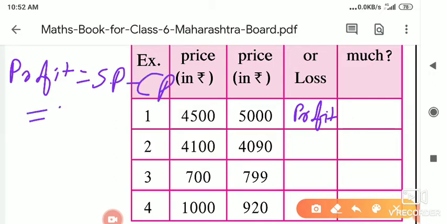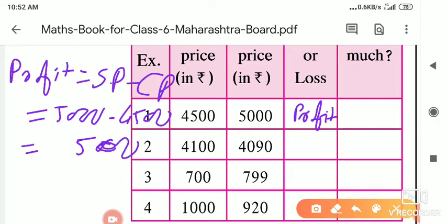So SP is equal to 5,000 minus 4,500, and the subtraction of both is equal to 500 rupees. Rupees 500 is the profit for him. So here we have to write how much profit he got: 500 rupees profit.